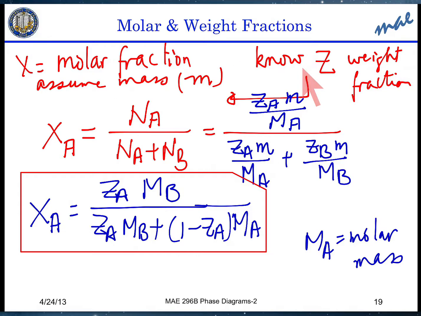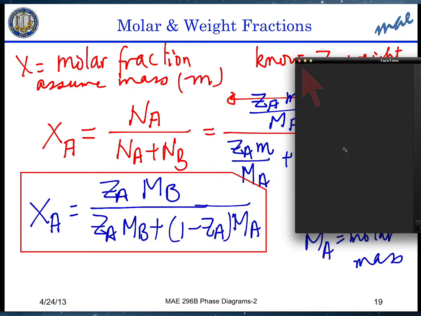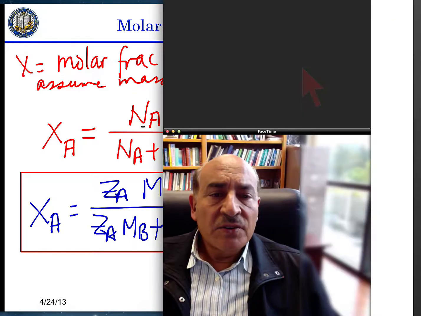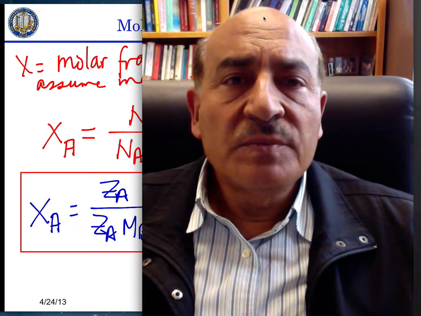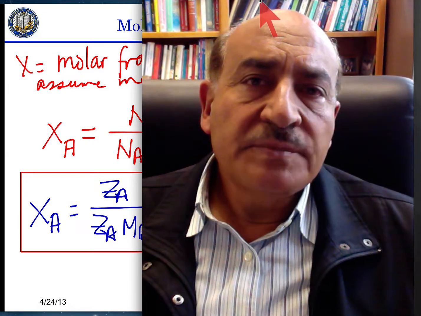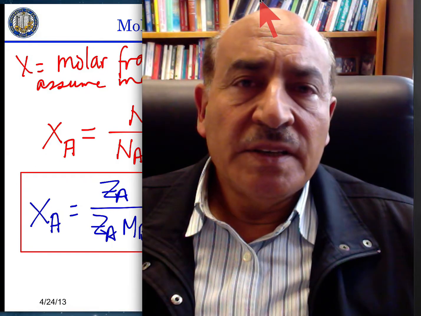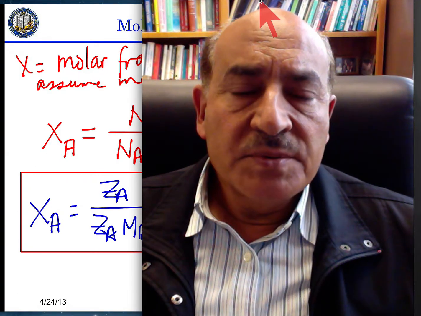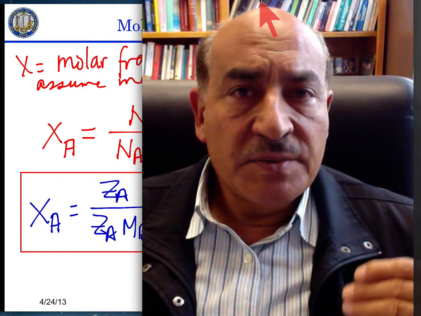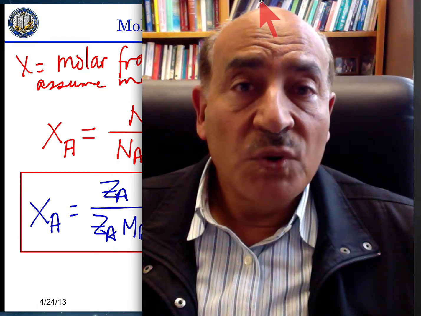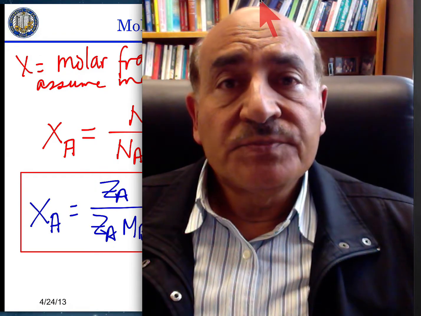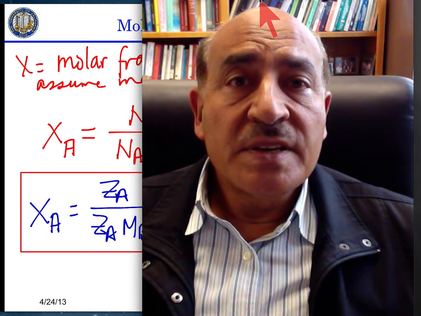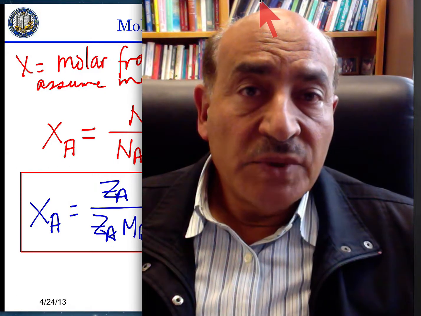masses or the fractions from weight fractions to the corresponding molar fractions that we use in all of our thermodynamic calculations. And this will give us the ability to now go between the phase diagram and the Gibbs free energy diagrams. The Gibbs free energy diagrams are based on molar fractions, while the phase diagram is based on weight fractions.